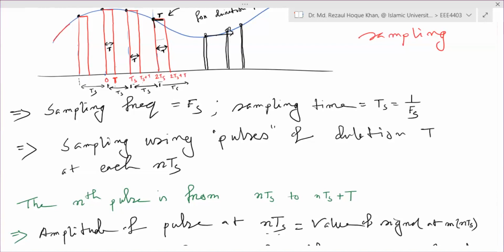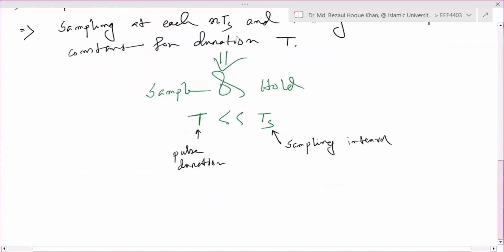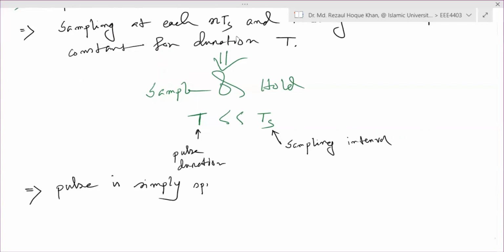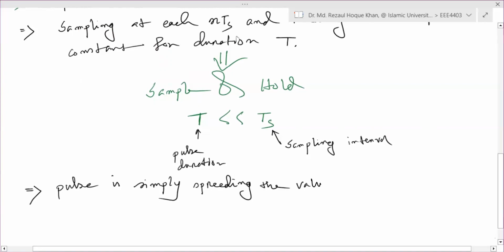The pulse is simply spreading the value of the signal over a duration of T, and the pulse is confined to a relatively small portion of the sampling interval.